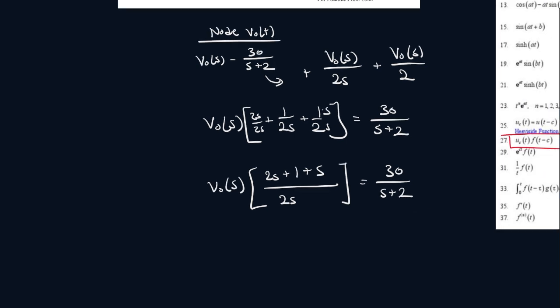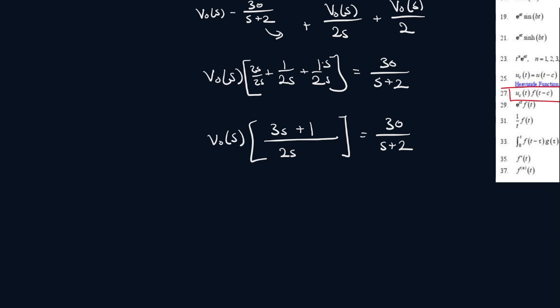Okay, and then this is just 3s plus 1. So what we're gonna do next is pretty much divide everything by this, or we can just do times everything by 2s. So this cancels out. So this turns into 60s, and divide by 3s plus 1.